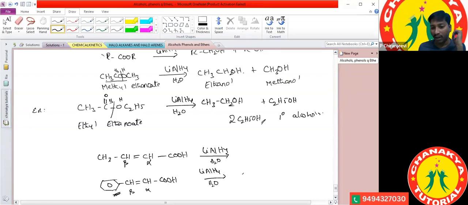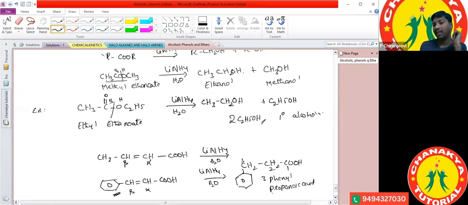So finally the product forms like this: CH is converted into CH2, so C6H5-CH2-CH2-COOH, which we can write as 3-phenyl propanoic acid. Then what about the first one?